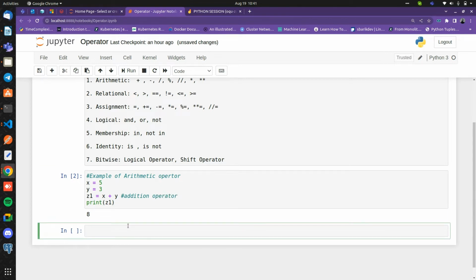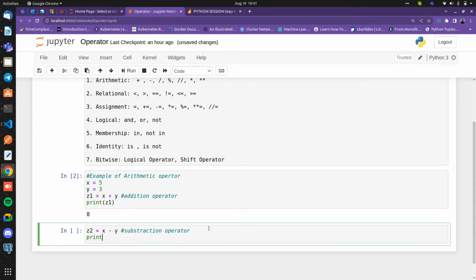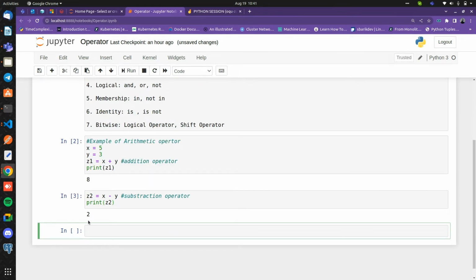Another one is z2 equal to x minus y. This is my subtraction operator. So if I print z2, the output is 2.